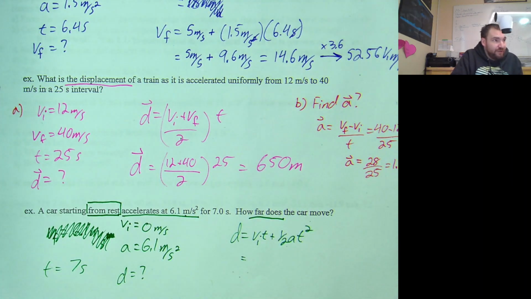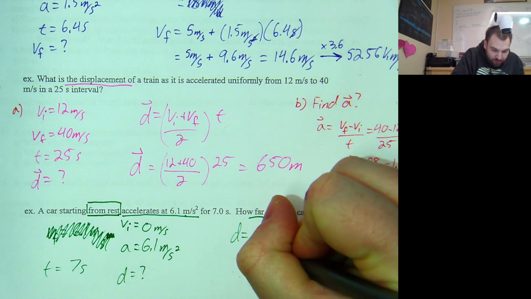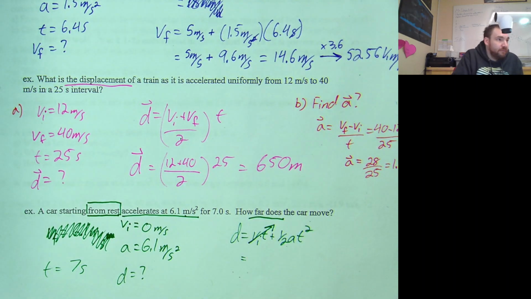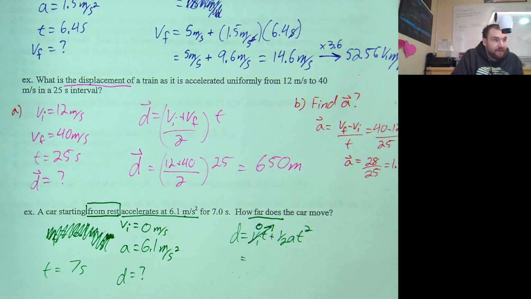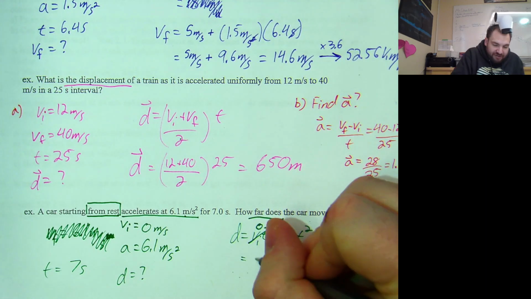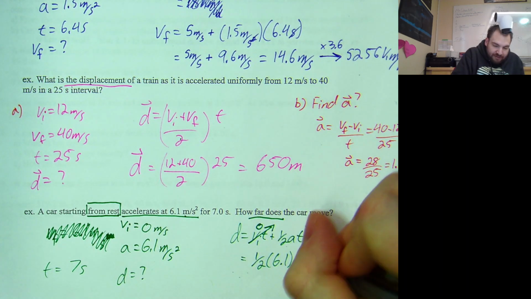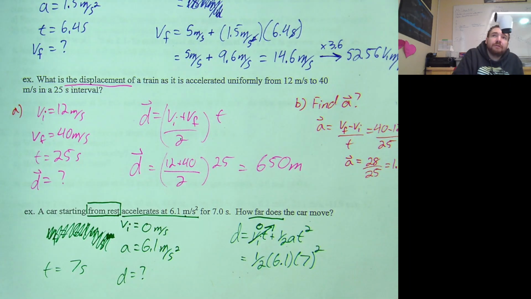We like it when the initial velocity is 0 because this whole term goes away. Because I have a VI times a T. Well, if VI is 0, 0 times anything is 0. So then I want just the half times 6.1 times 7 squared.